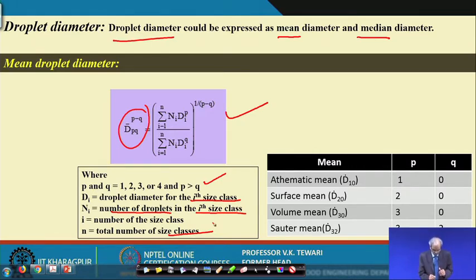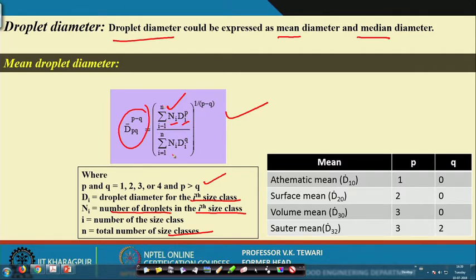So, if you put this together, what you get here is N, the number of droplets, multiplied by the diameter of the droplet of the ith size class, summed from i equals 1 to N, which is the class.